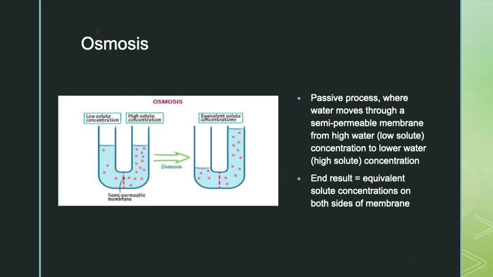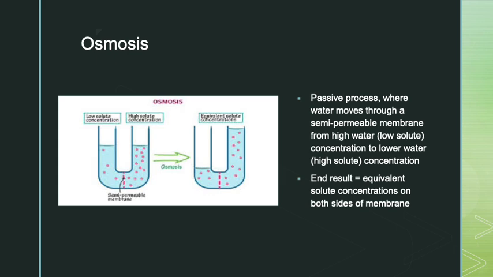So we see in the first part of this picture, on one side of that membrane, we have a low solute concentration. On the other side, we see a high solute concentration. The water is going to want to move from the side of low concentration to high concentration to try to dilute that side and make it equal concentrations on both sides of that membrane. And that's what you see has happened here in our picture.